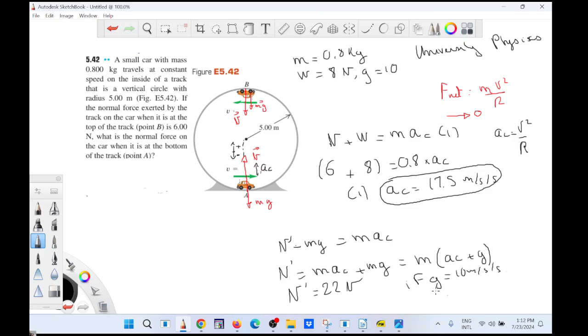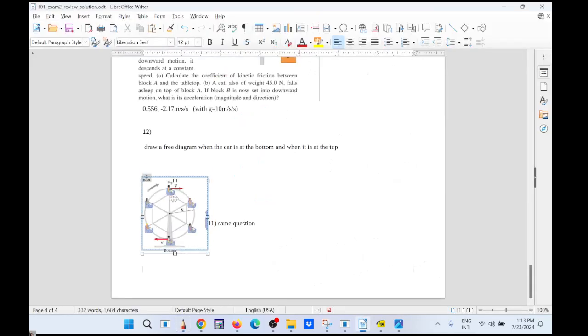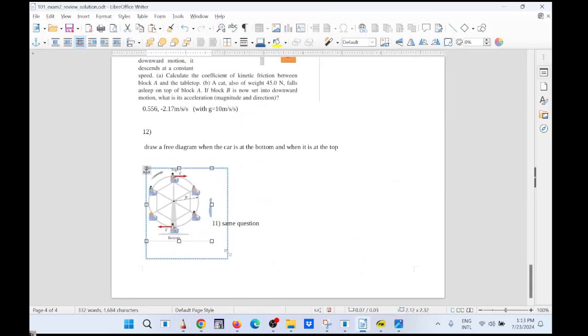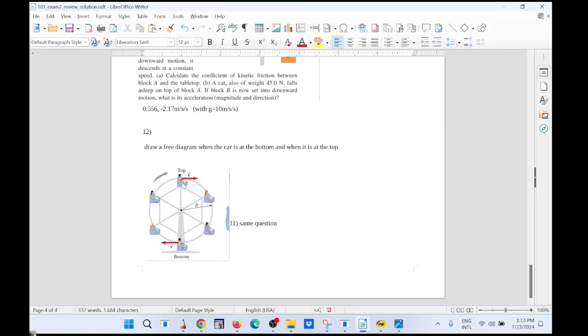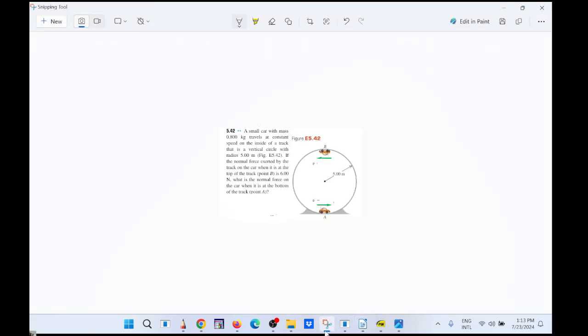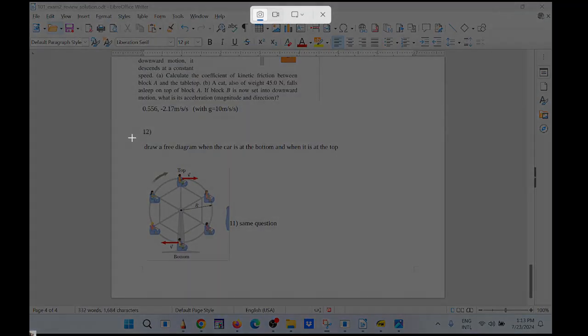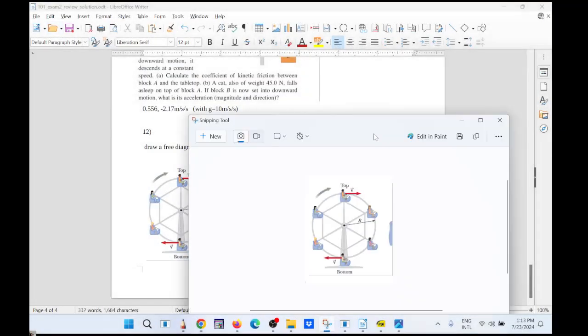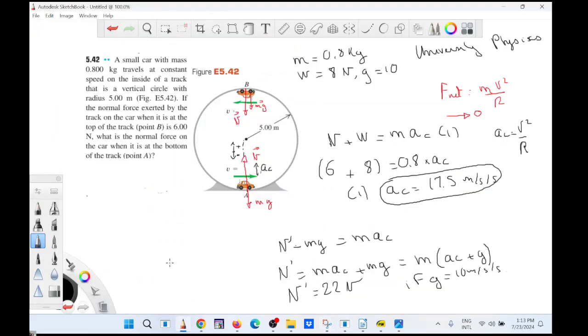So what I might ask you is to draw these vectors. So this one is larger here, but it's pointing toward the center. It depends on the situation. So for example, if you have a situation like this, so here it's not the same, right? So it's also a circular motion.